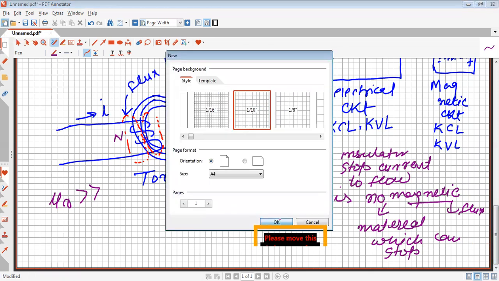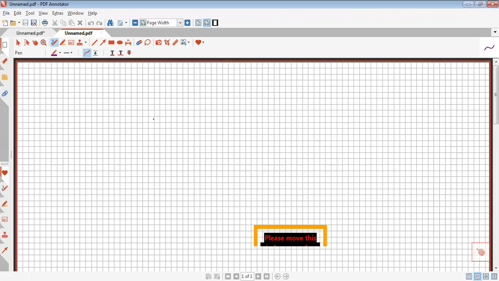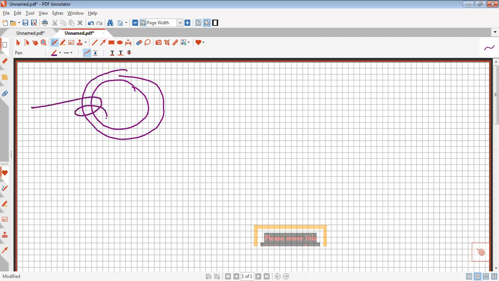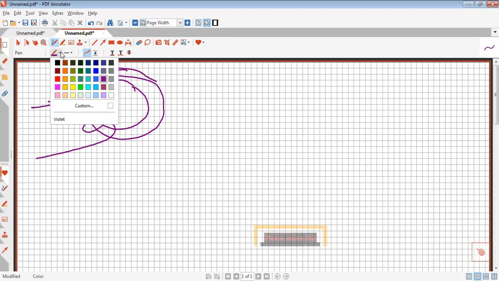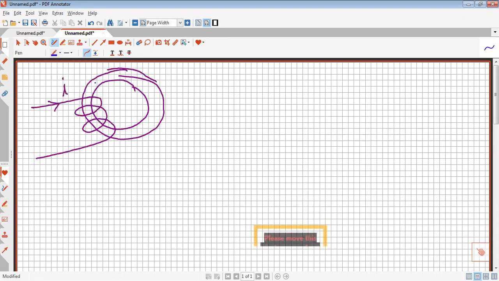Let us see. Just now we have drawn this diagram. This is our toroidal ring, on which windings are placed, and here current I is flowing, and a mean flux path is shown here, going inside the material.